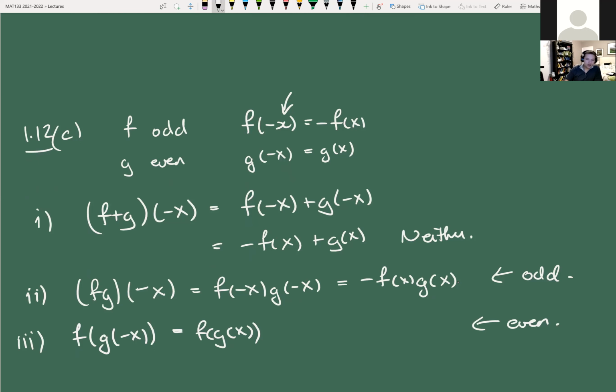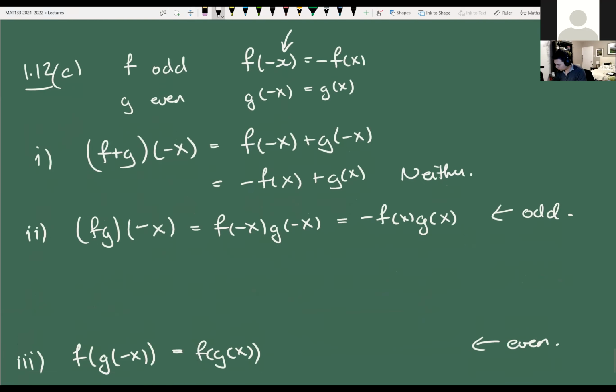Does that make sense? So you're just going to plug negative x into your function and then use what you know about whether the function is even or odd, right? Okay. Here, let's look at 2 again, because maybe it's easier when we're actually even or odd.